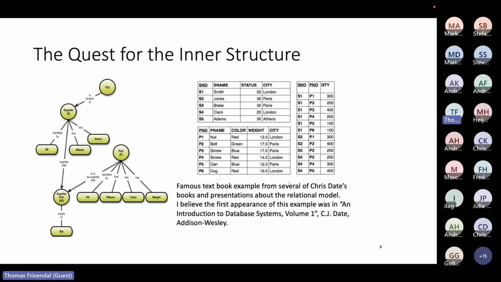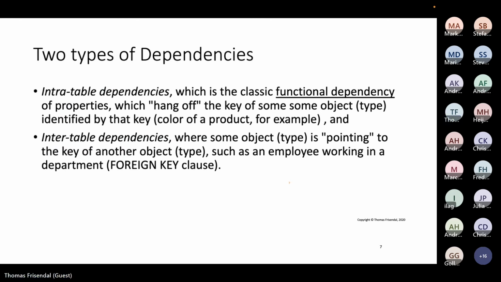But the same picture of those three tabular constructs can be drawn as a little concept map. That's drawn to the left. And to me, that's sort of showing the inner structure of the semantics of those three tables. So that's sort of the schema that I saw, and I delved into this discussion about functional dependencies and what's not functional dependencies.